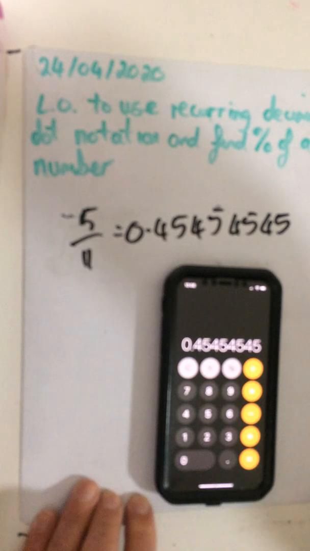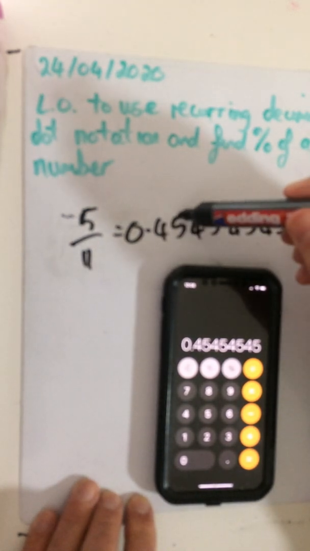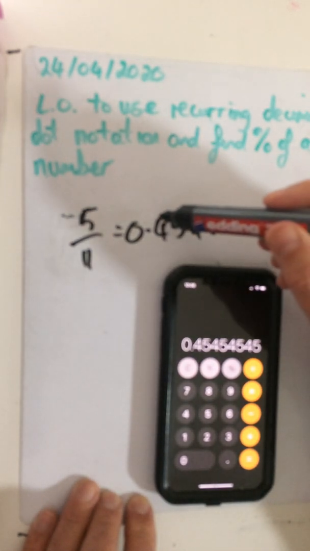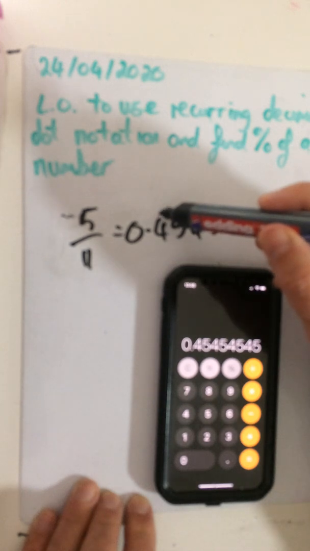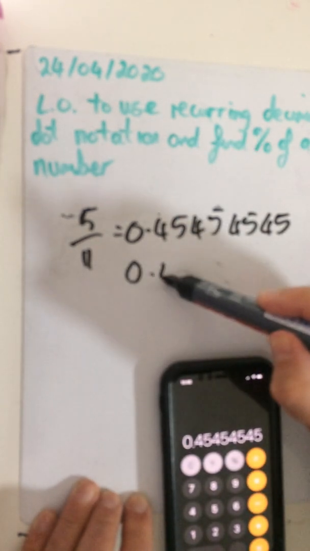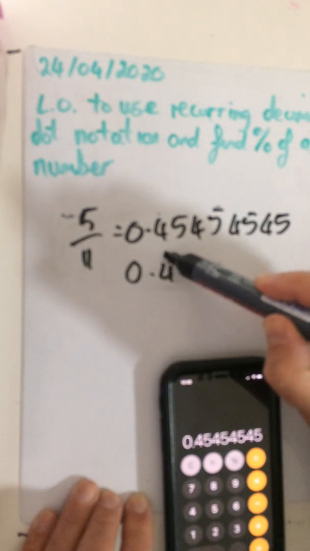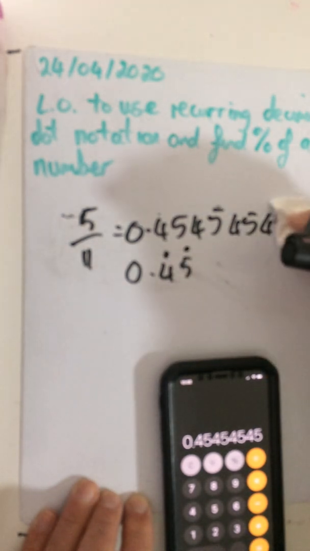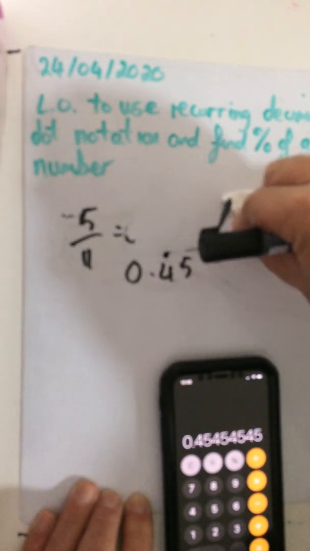Now again, the 4 and the 5 are recurring each time. The sequence is 4 and 5. That's the beginning of the sequence, that is the end of the sequence. So that would be 0.45, with dots over the 4 and the 5 showing it is recurring.